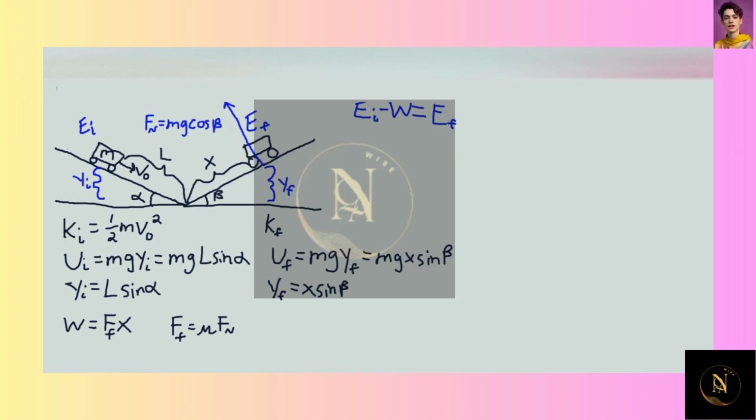So that gives us the normal force. So that gives us then the force of friction as being mu times the normal force, which is m times g times the cosine of beta.